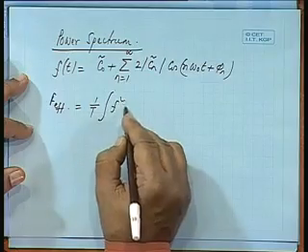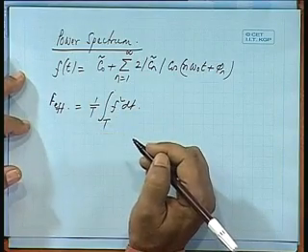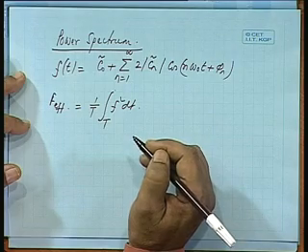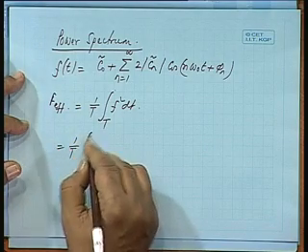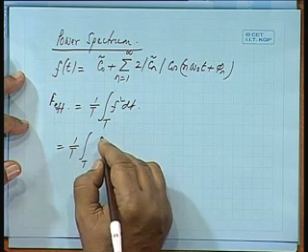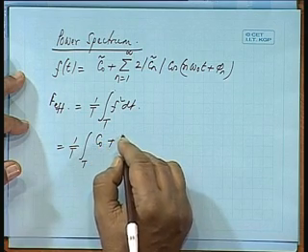So f effective, when you talk about effective value, is basically the heating value. When we pass a current through a resistance, how much is the effective value of the current? We measure the effectiveness in terms of the amount of heat dissipated. So take the square of that function over this interval T and then take the average, that is f effective.